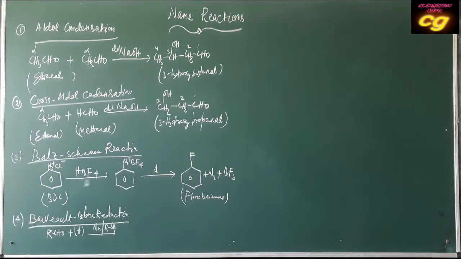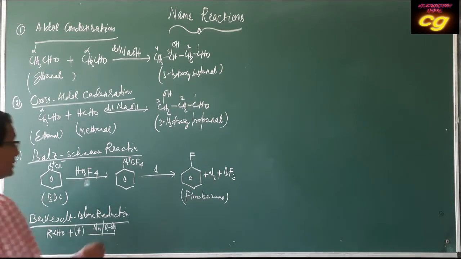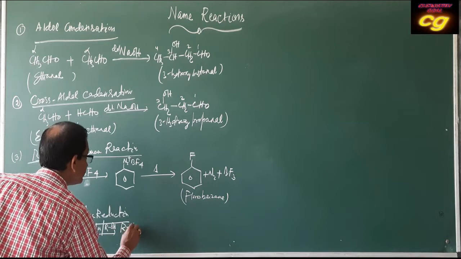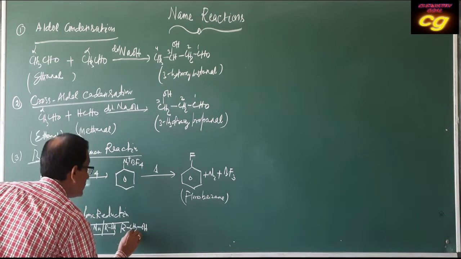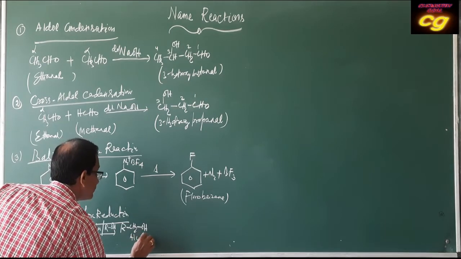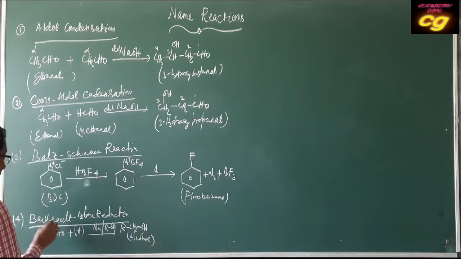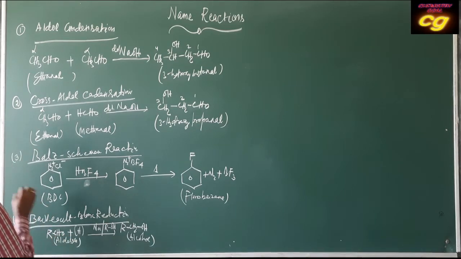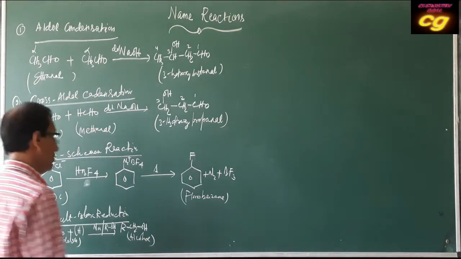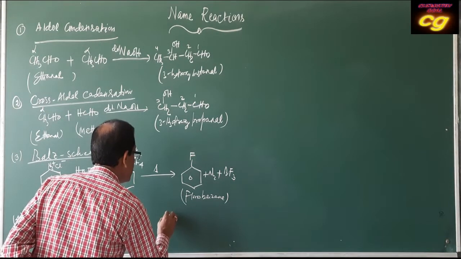It produces hydrogen indirectly. Sodium and alcohol produce hydrogen gas. That hydrogen will reduce the aldehyde to alcohol. This is your alcohol. This is your aldehyde. Ketone also can be used.